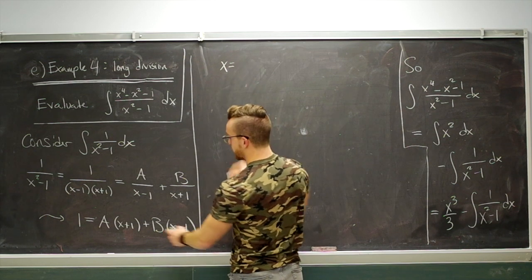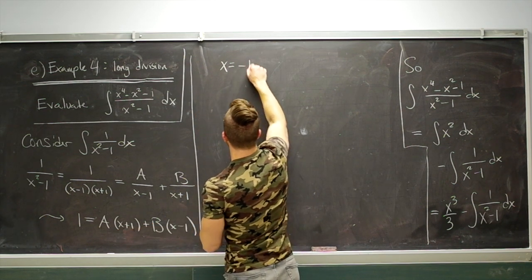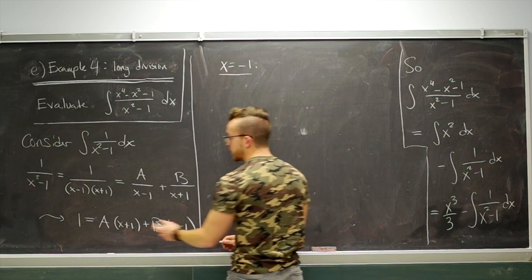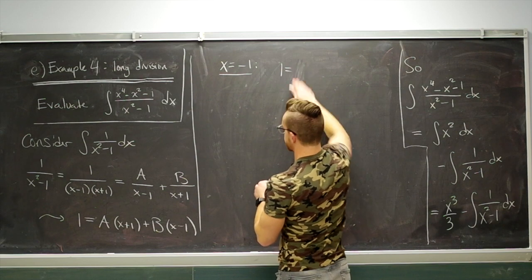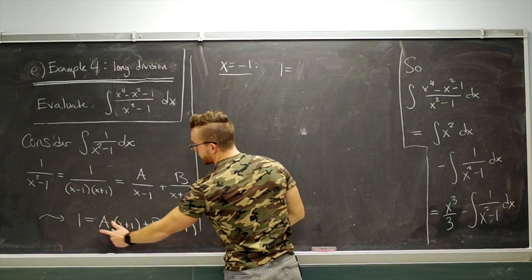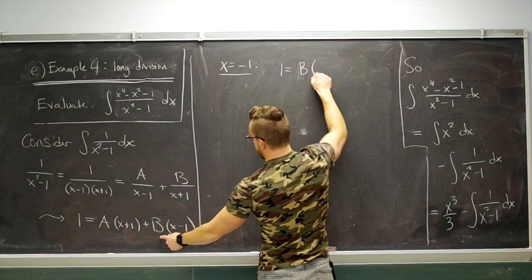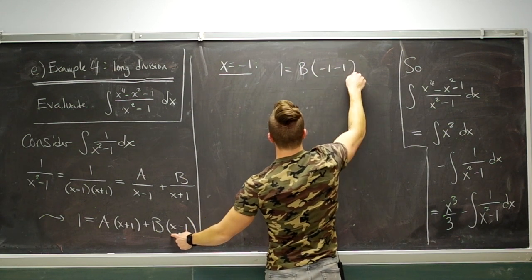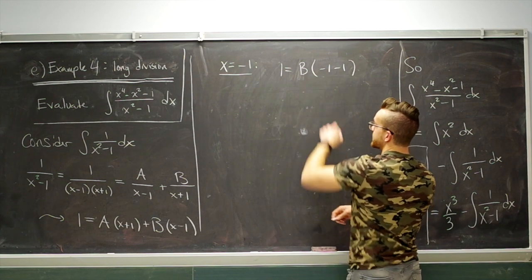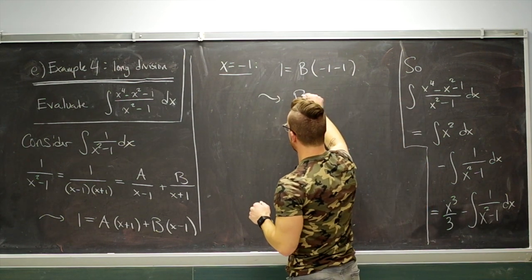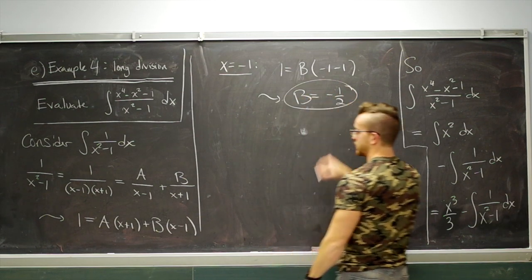So when x equals, for example, -1, which is the root of this factor, what do we get? We get the equation 1 equals, whoops. When x is -1, this whole term is 0, and we're left with b times -1 minus 1, which is -2. So that tells us that b is -1/2.